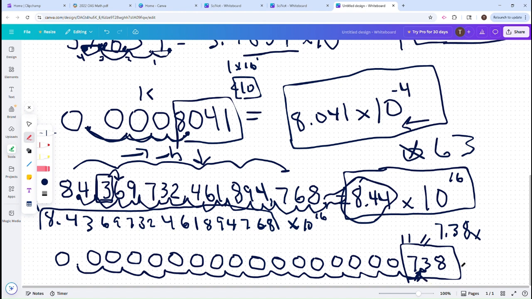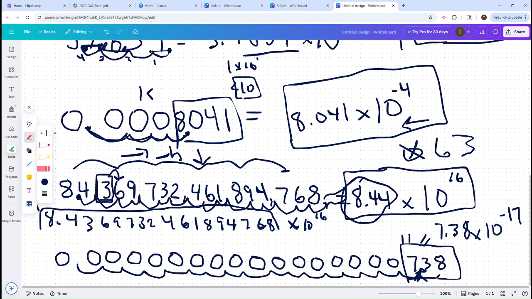And then the number of spaces we moved it is the B. We moved it 17 spaces to the right. So when we moved the 17 spaces to the right, we took a number that is so minuscule, some 100 billionth or something like that, which 100 billion of them will make just one, and we turned it into 7 whole ones.